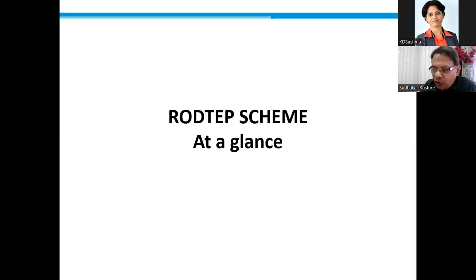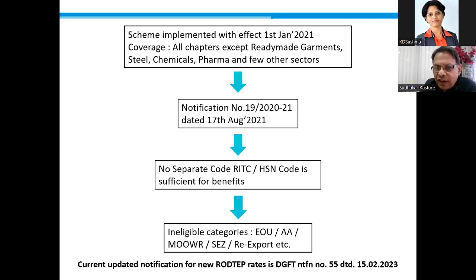So the scheme was announced, and it was implemented with effect from 1st August 2021. At that time, ready-made garments, steel, chemicals and pharma products were kept outside the purview of this scheme.